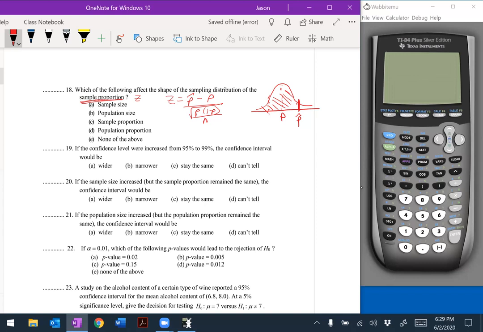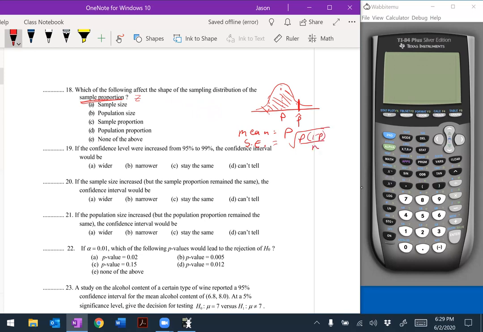Well, what's the mean? The mean is the population proportion. What's the standard error? Let's not use z-score. The standard error is the square root of p times 1 minus p all over n.